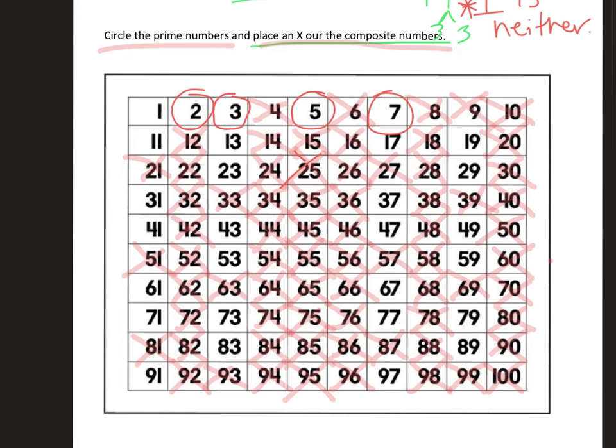It's like 7 times 7 is 49, so we need to cross that one out. 7 times 8 is 56, 7 times 9 is 63, 7 times 10 is 70, 7 times 11 is 77, so we need to get rid of that one. And 7 times 12 is 84.